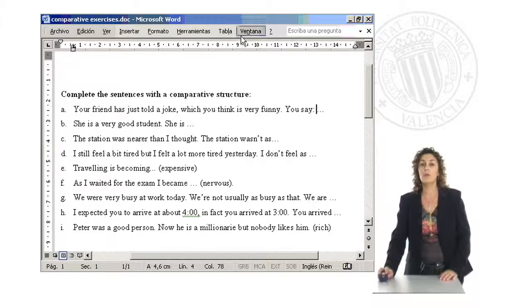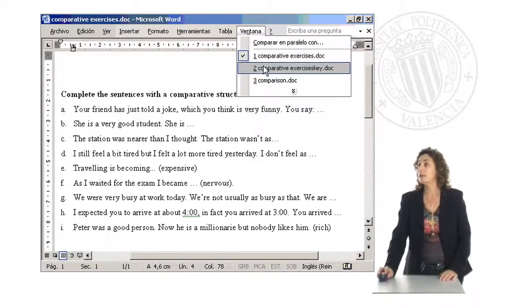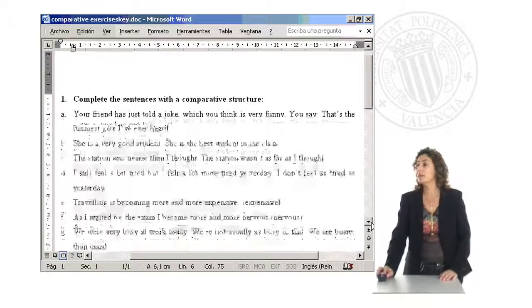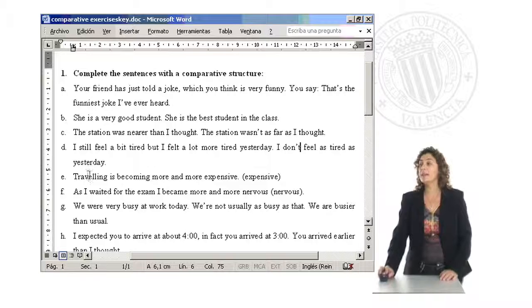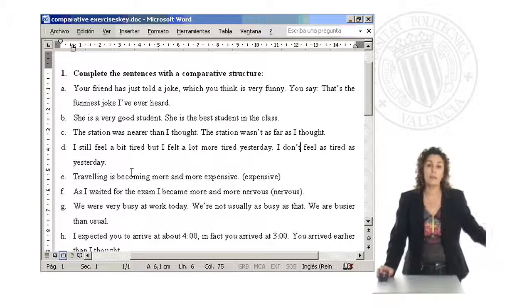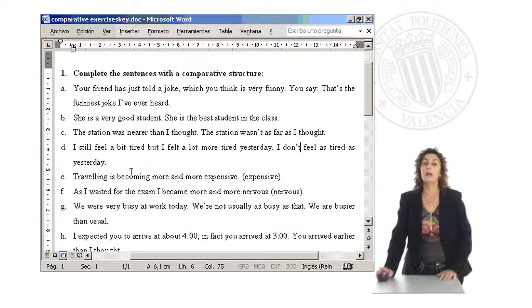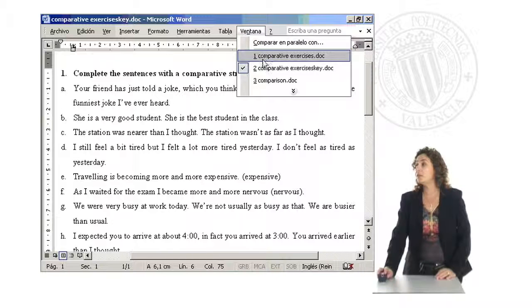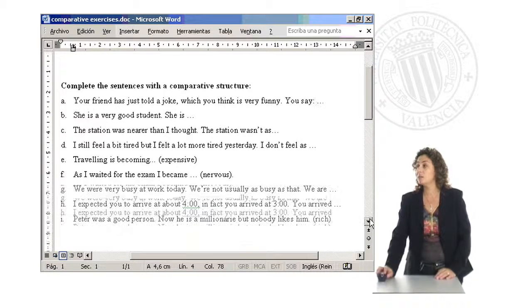And so you can see here the answer. Traveling is becoming more and more expensive. That's what I told you before. This is a structure that is quite useful to express in English.